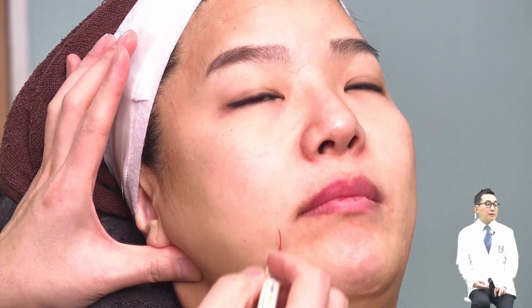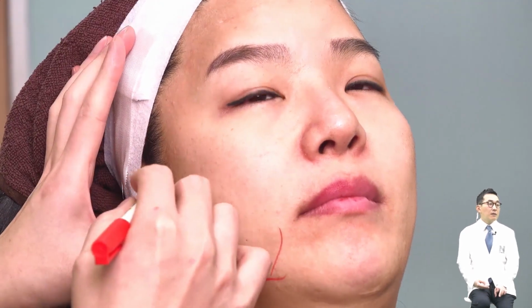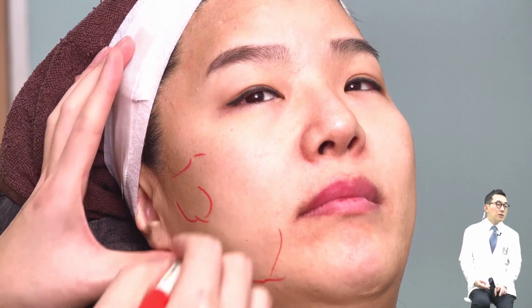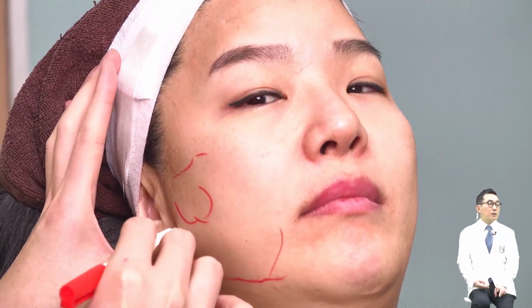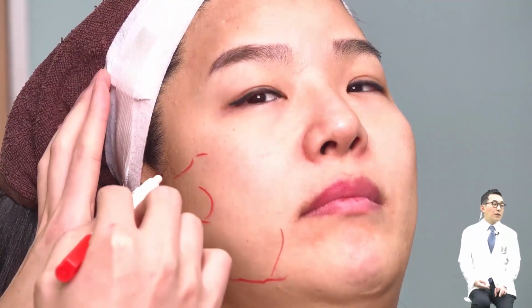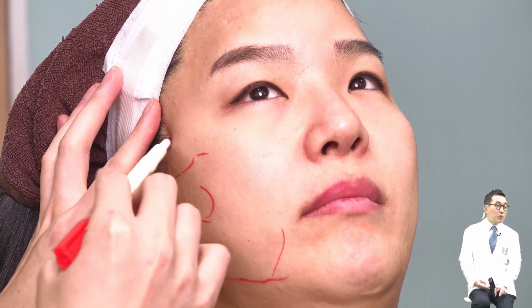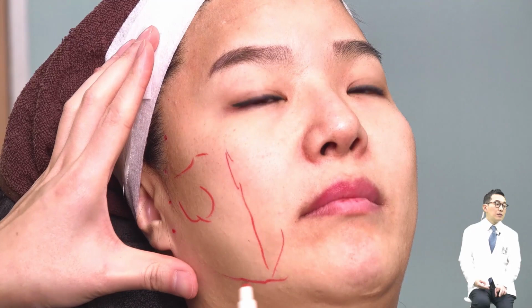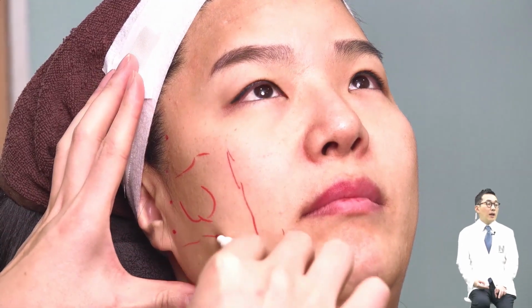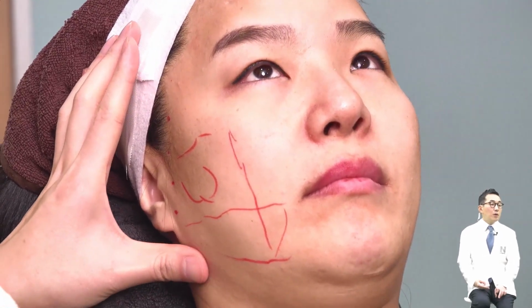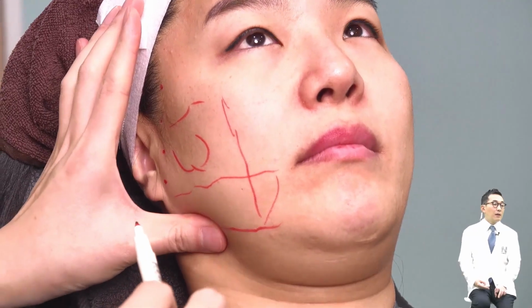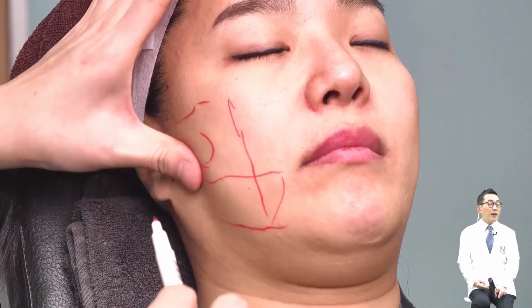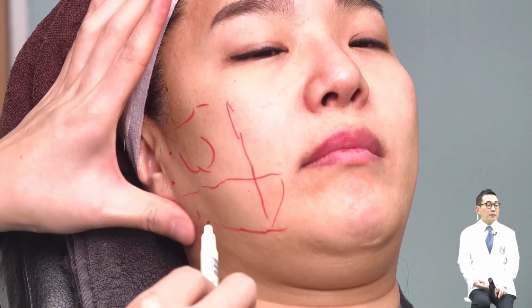First I design, marking the jawline and the most sagging area as well. And mark a little depressed area to be careful not to make more depression. In my design, I use 4 insertion points along the hairline and insert at least 10 M-flip threads per side.